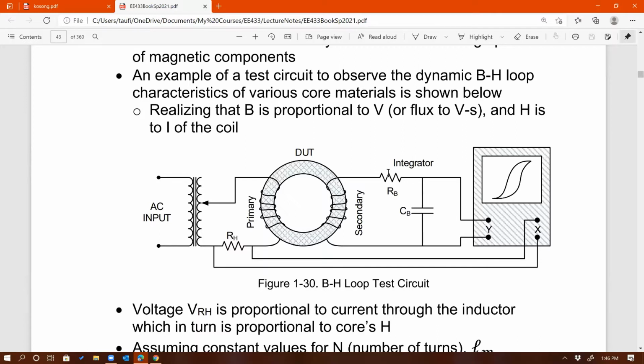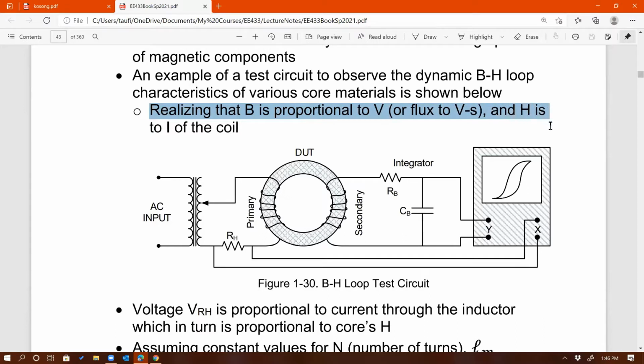But luckily, flux density as well as field intensity are related to electrical properties. That's the good news, right? Flux density B is proportional to the voltage applied to this magnetic component, whereas field intensity H is related to current, right? So that's what I have right here.